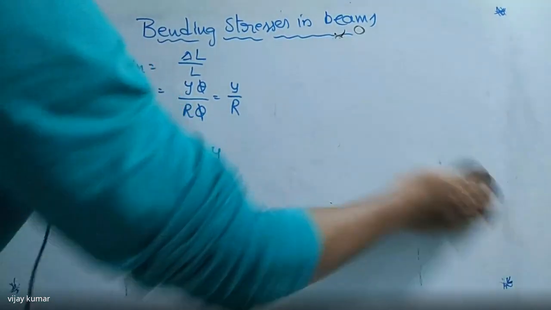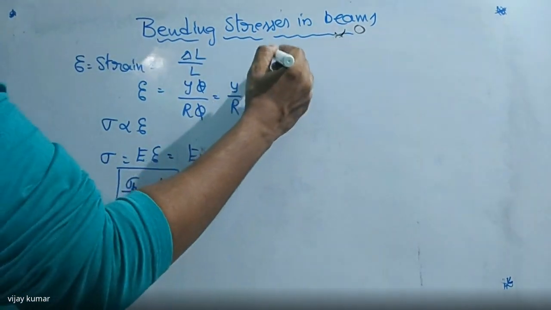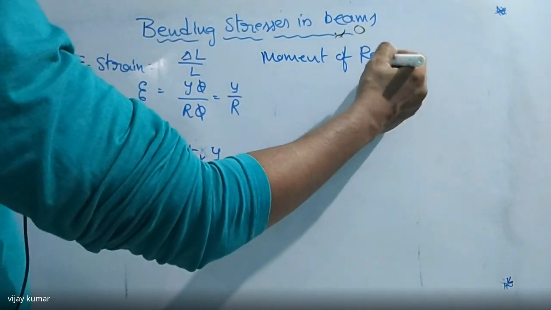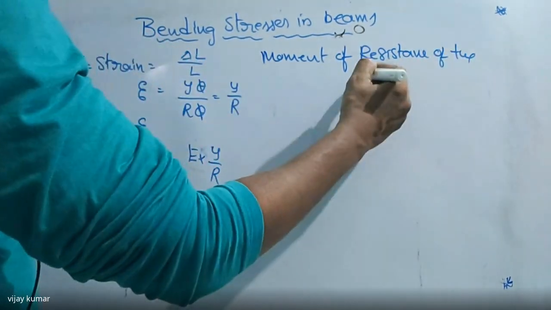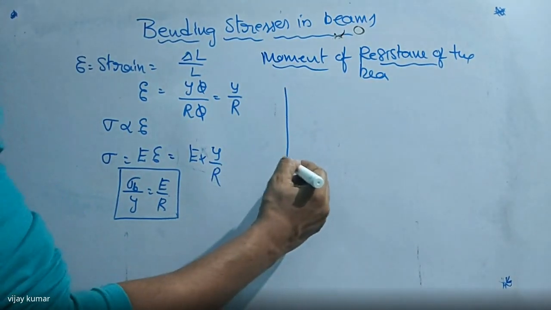So listen carefully here. It is very simple. Moment of resistance of the beam. So this is the cross section of the beam.